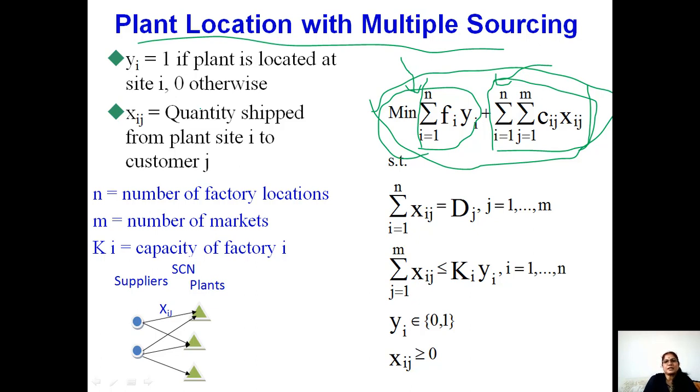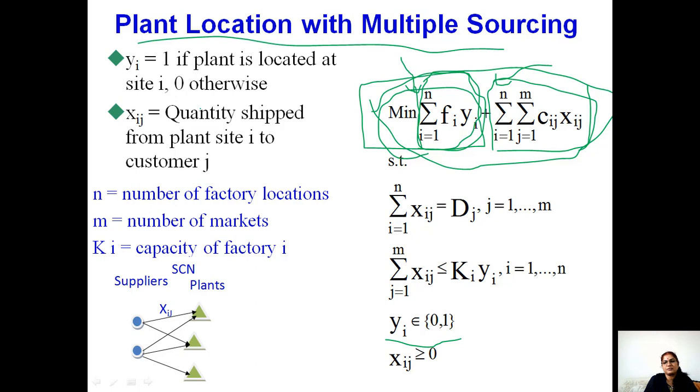So there should be some mechanism which makes this either present or absent. Means either 0 or 1. So that will be taken care of by this variable yi, which we call binary variable.